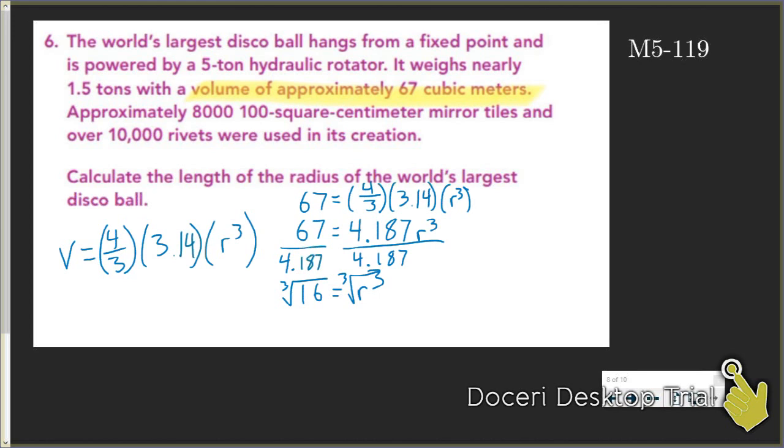When we do that in our calculator, we get 2.5 equals r. So r is going to be equal to 2.5 meters, because the volume was in cubic meters, and that's our answer.